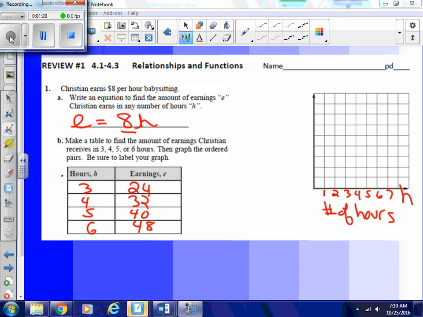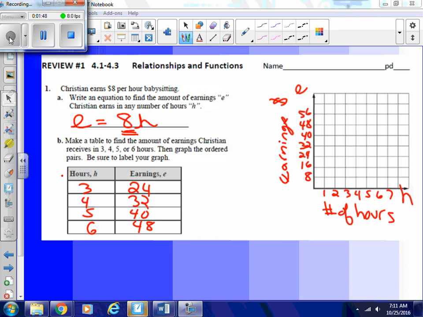And our y-axis is actually our earnings, and that's measured in dollars. We could count by tens, but why not count by eights? If we get to choose the scale, make it easy. So 8, 16, and so on. So get your graph labeled, and we can plot our points.